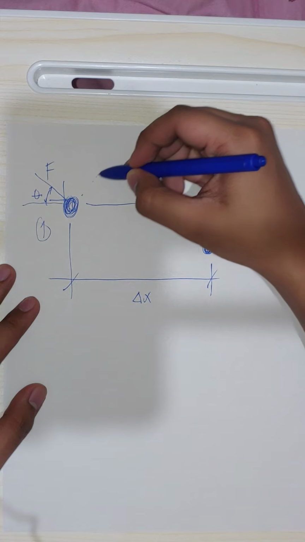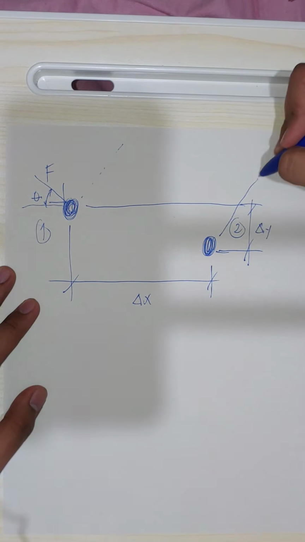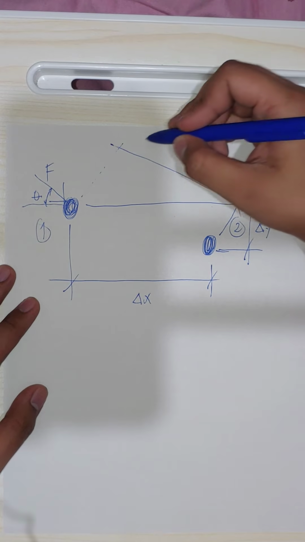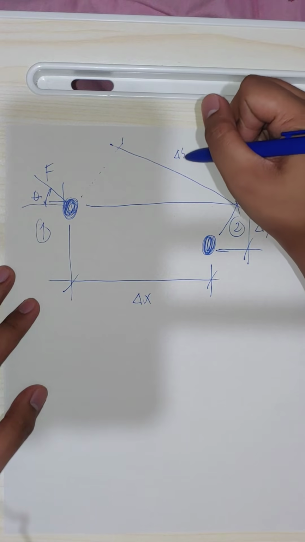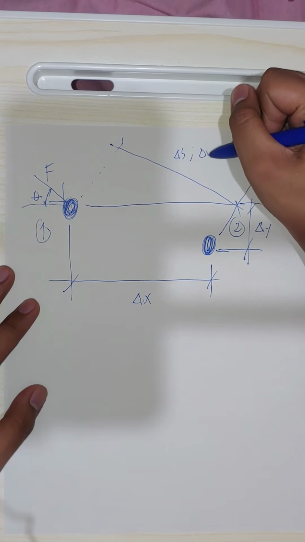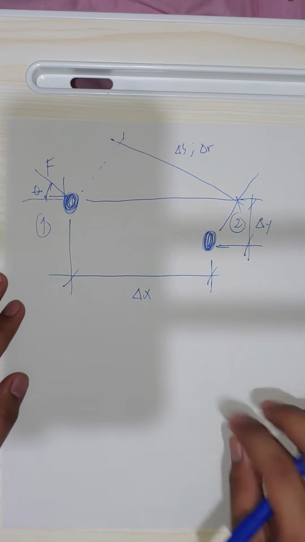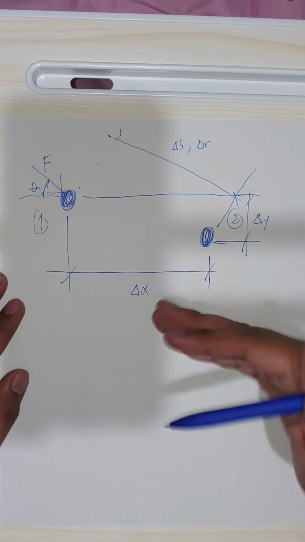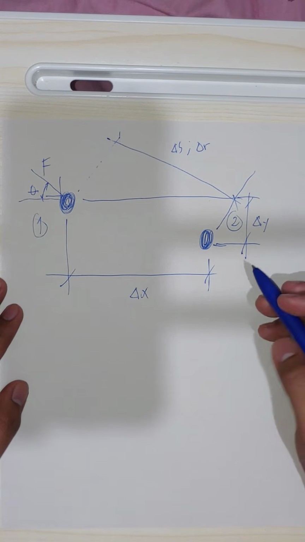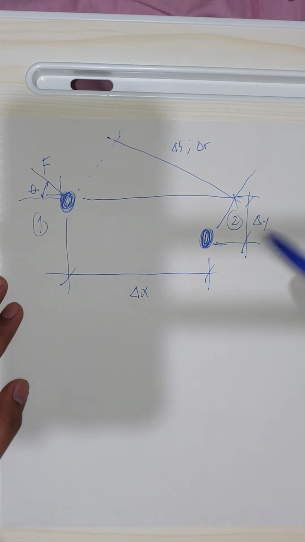Then there is the direct displacement, which is along the path of its motion. We call that displacement along S or delta R, right? So what we can do is solve the work due to x and due to y.